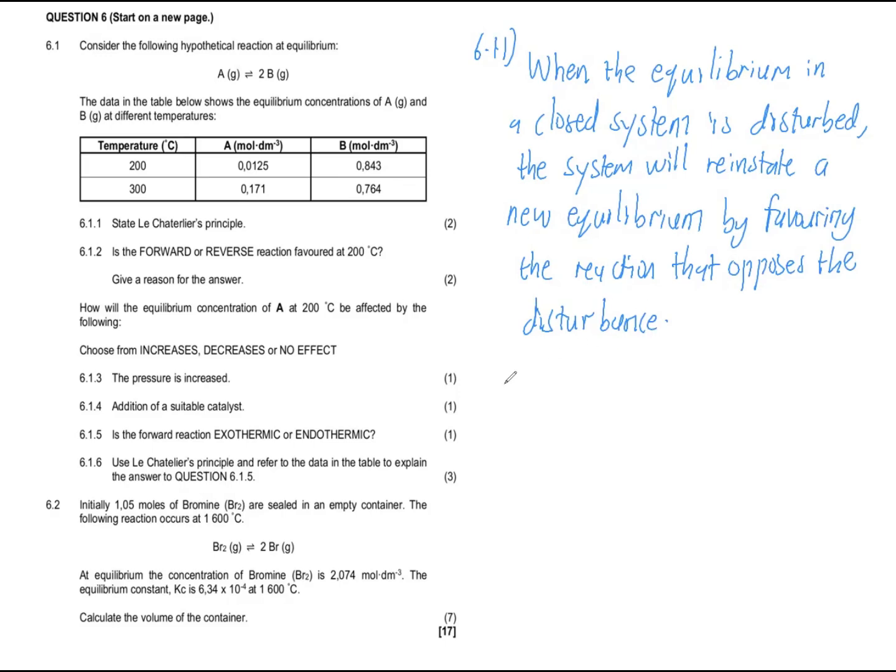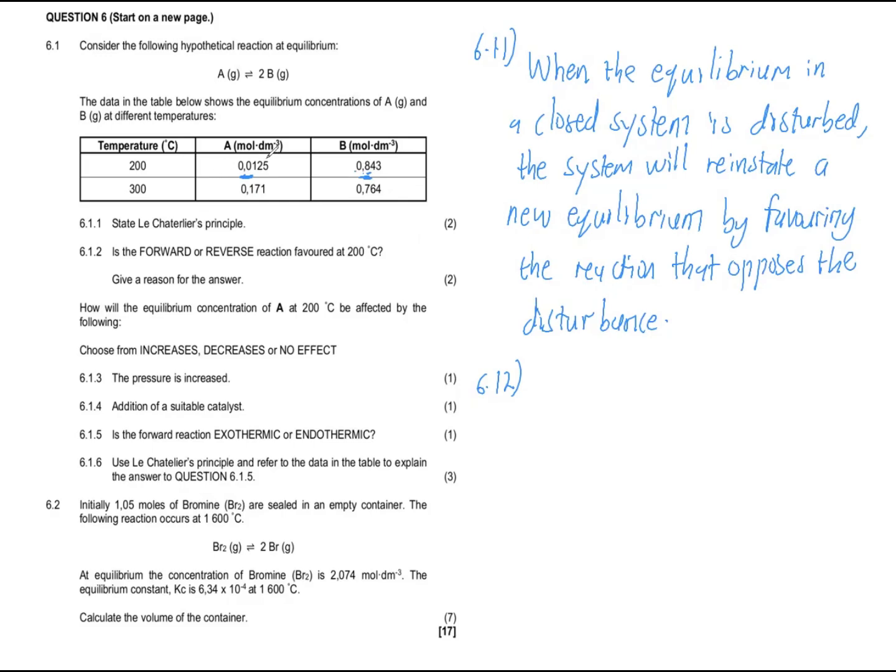Nice. Then 6.1.2 says, is the forward or reverse reaction favored at 200 degrees Celsius? So how are we supposed to see that? Obviously, we're going to check by the concentration that is formed there. If we look at the concentration of A, 0.0125, it's actually smaller than the concentration of B, which is 0.8. Remember, how do you check whether a number is smaller or bigger?